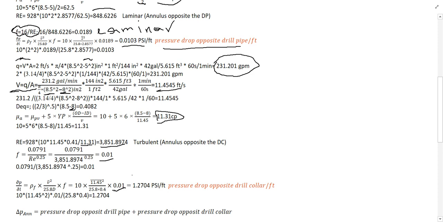We do the calculation: 1.27 psi per foot is the pressure drop opposite the drill collar per foot.